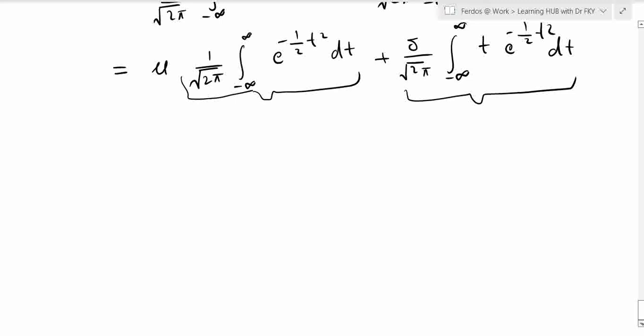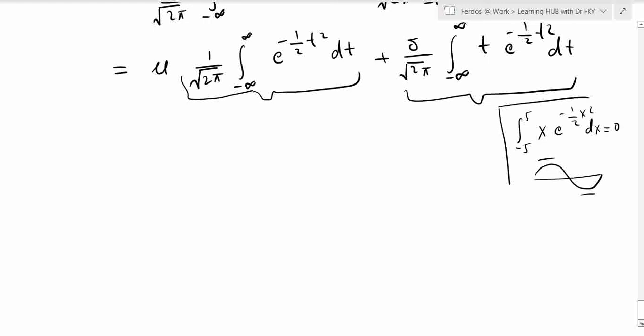For example, from minus 5 to 5, an odd function like x e power minus 1 over 2 x square dx is equal to 0, because you are calculating the area symmetric about zero. So this is equal to 0 when you are integrating this. You can see the rules of calculus for further detail. Generally, this is equal to 0, and we will solve the other one.